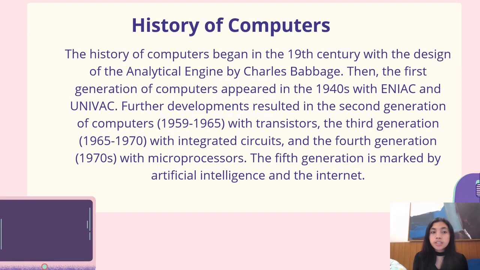History of computers. The history of computers began in the 19th century with the design of the Analytical Engine by Charles Babbage. Then the first generation of computers appeared in 1948 with ENIAC and UNIVAC. Further developments resulted in the second generation of computers, 1959 to 1965, with transistors.